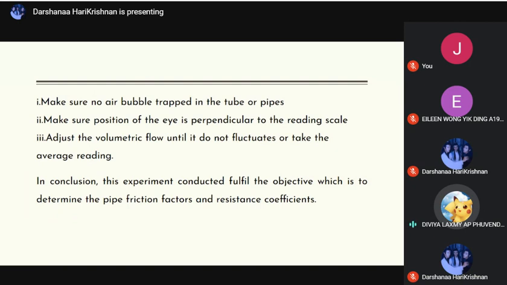Adjust the volumetric flow until it does not fluctuate or take average reading. And lastly, the environmental factors. That's all.